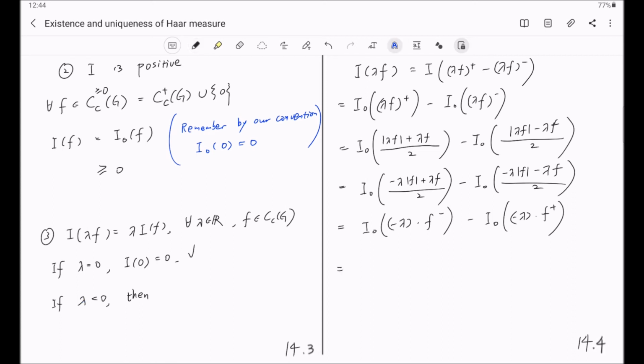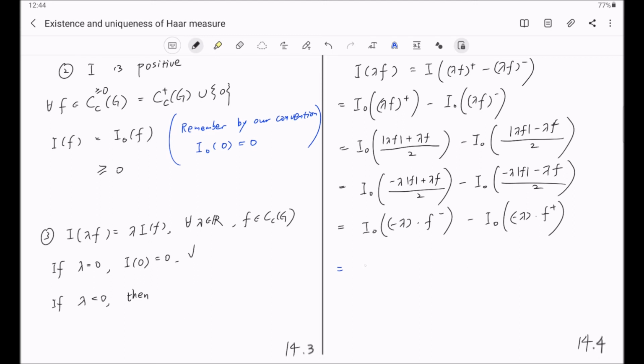Because lambda is negative, negative lambda is positive, you should expect, as before in the first case, that I0 can commute with negative lambda.